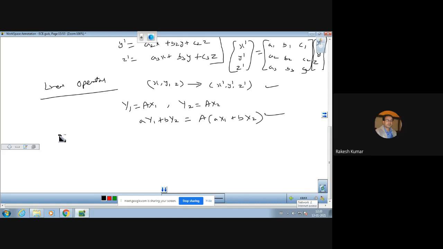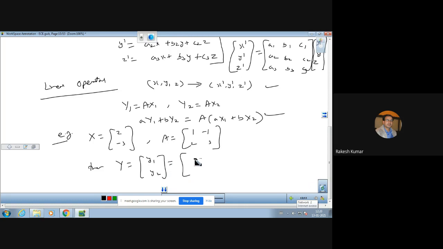Now let us take the example. In the example we have x matrix 2, minus 3, and the matrix A is 1, minus 1, 2, 3. Then the matrix Y is y1, y2, and that is equal to A into x, by using this formula.